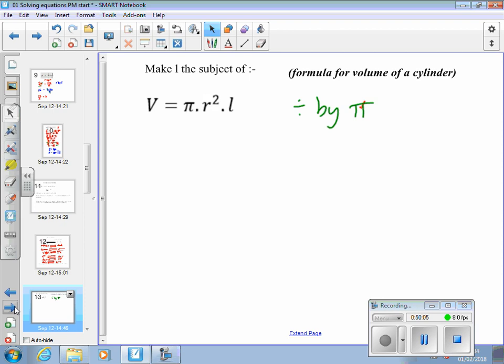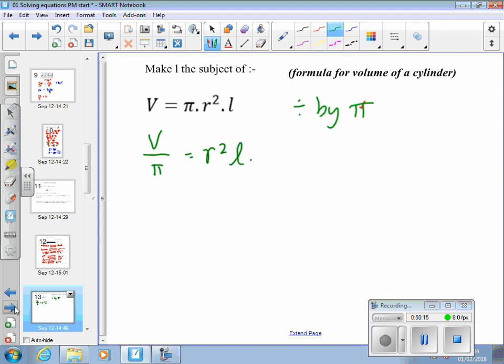Divide by pi, what would that leave me with? V over pi. You can't do that on its own; you've got to do it to the whole side, remember. So we're not looking for r anyway. We're looking for L, remember, on its own.